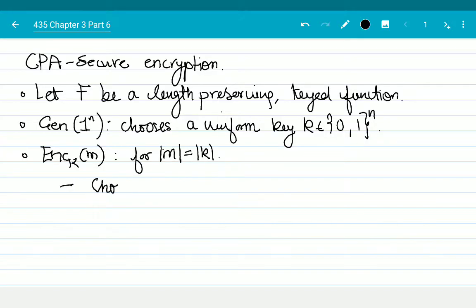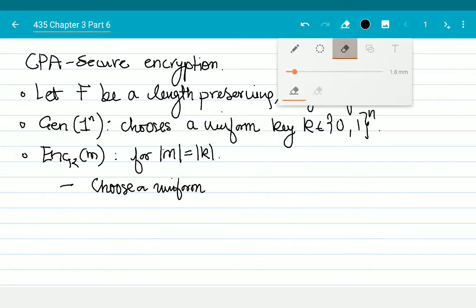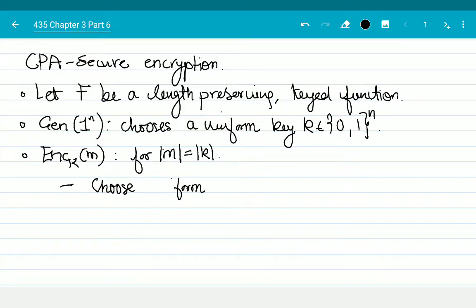Choose a uniform r in {0,1}^n, which is called either the nonce vector or initialization vector.